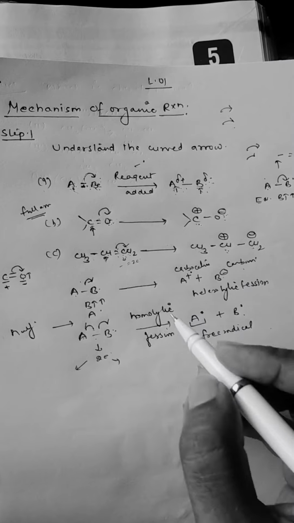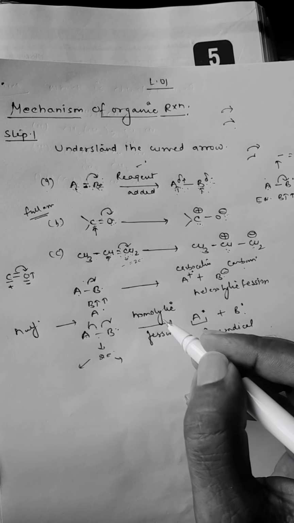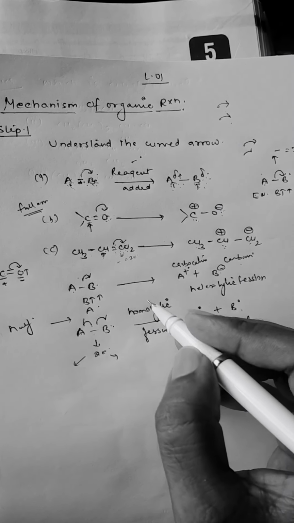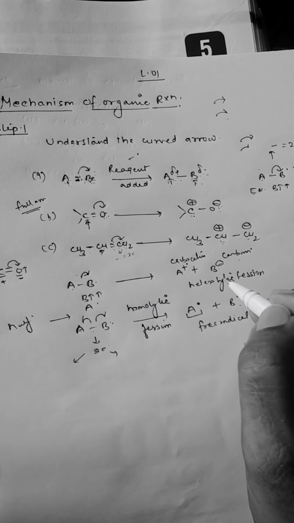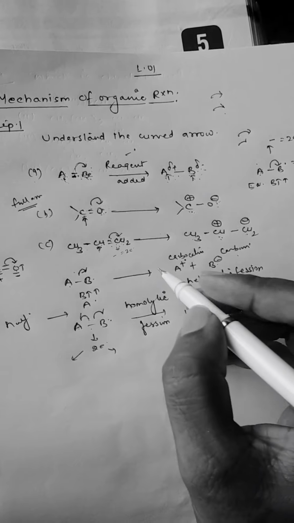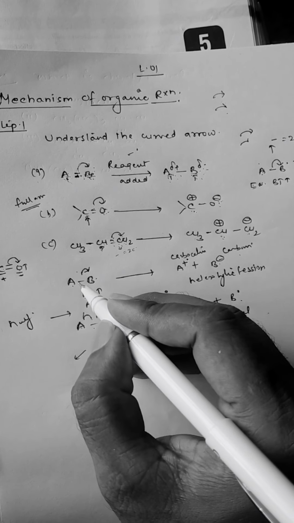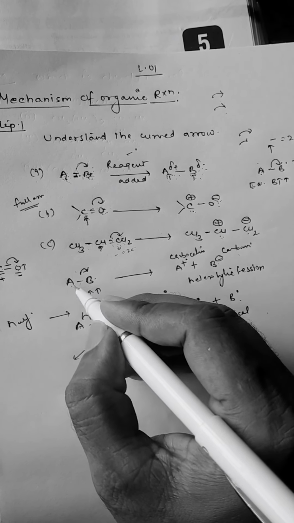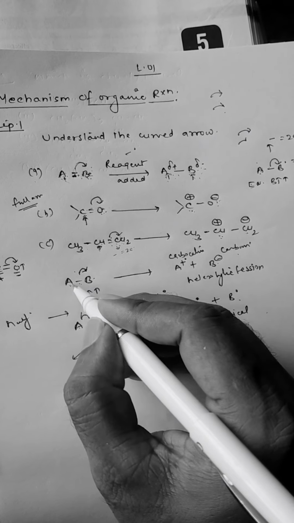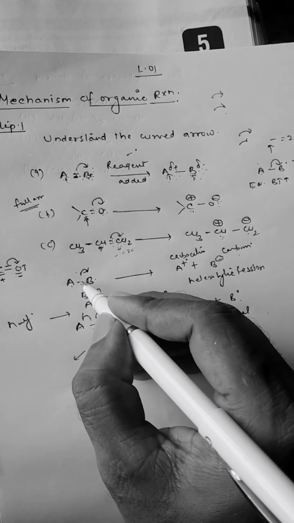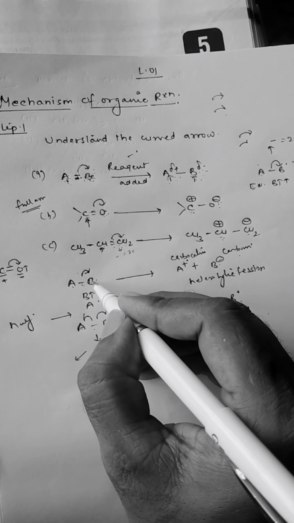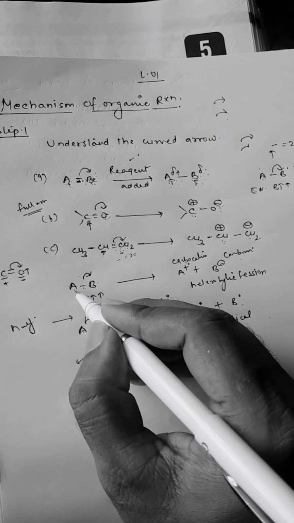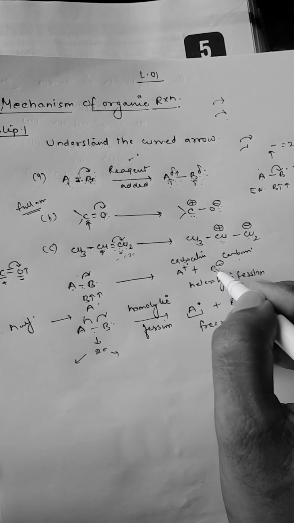The next condition you can see in organic synthesis is homolytic fission and heterolytic fission. In heterolytic fission, the single bond between A and B is made up of two electrons, and both electrons go towards B, so A feels a positive charge and B feels a negative charge.